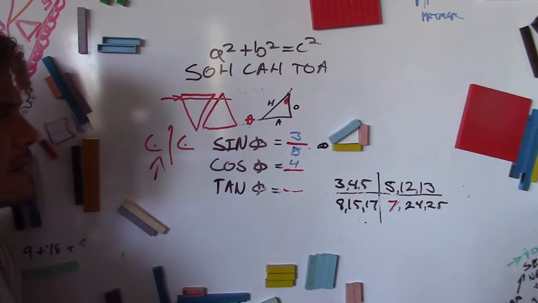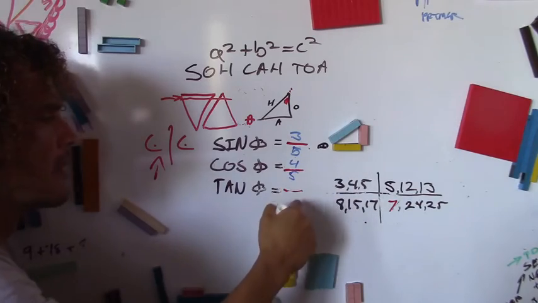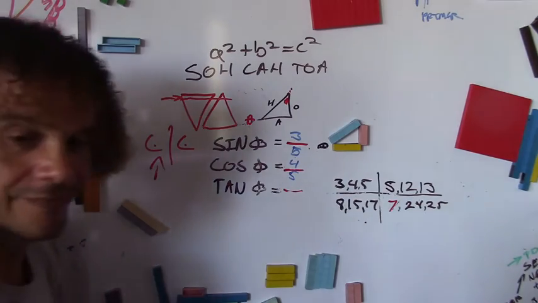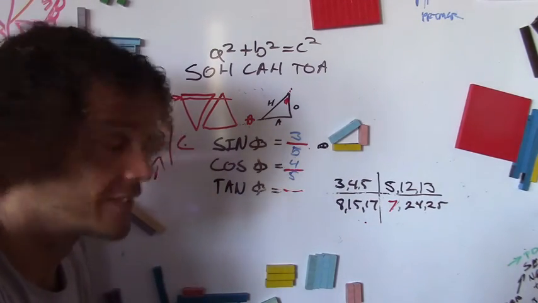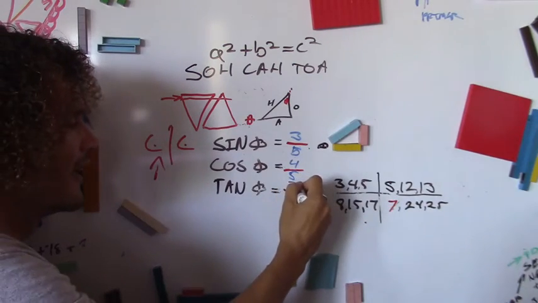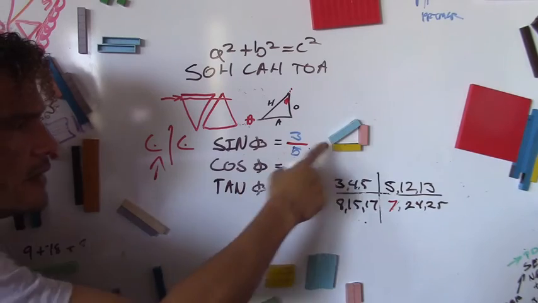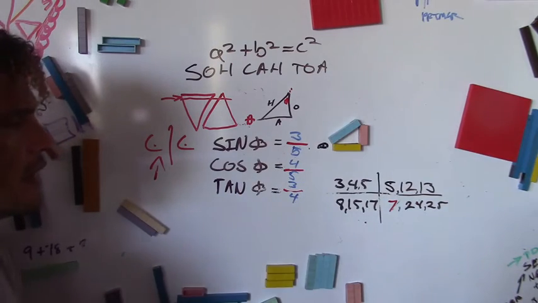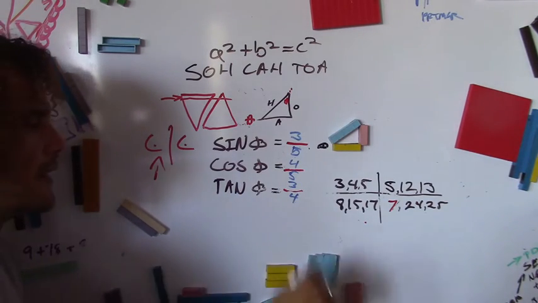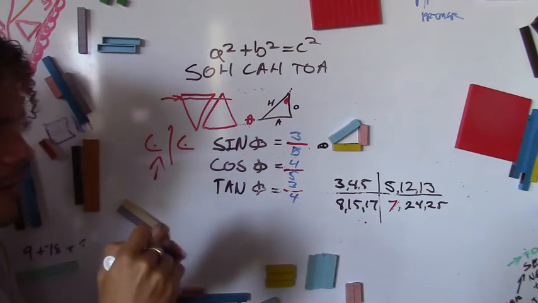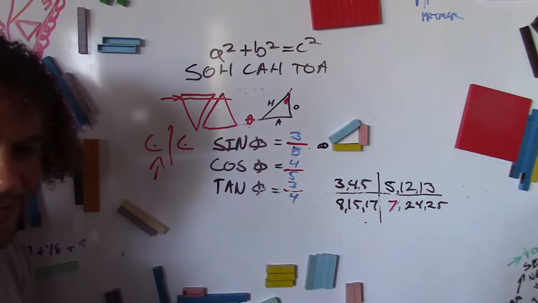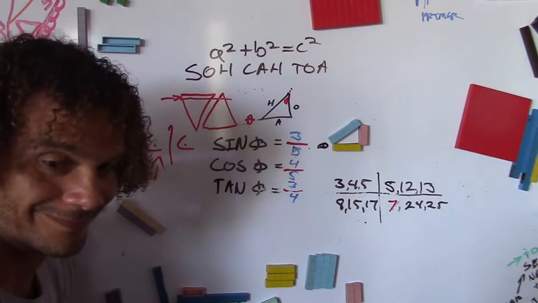So then that is 5. Now what's this? That one's 3 over 5, opposite over hypotenuse. Okay, now that one's correct, isn't it?